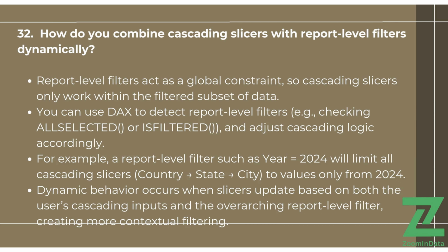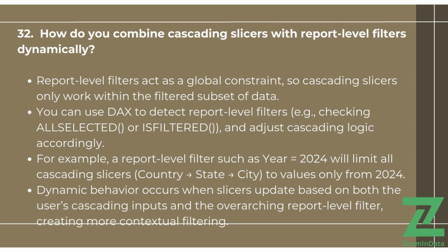32nd question. How do you combine cascading slicers with report-level filters dynamically? Report-level filters act as a global constraint, so cascading slicers only work within the filtered subset of data. You can use DAX to detect report-level filters, for example, checking ALLSELECTED or ISFILTERED, and adjust cascading logic accordingly.